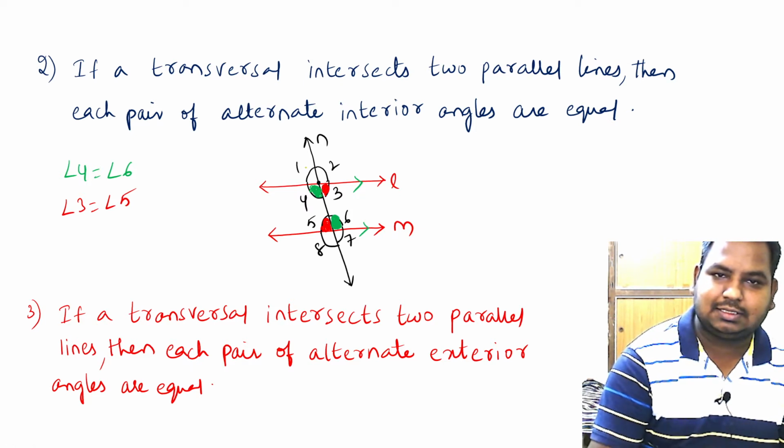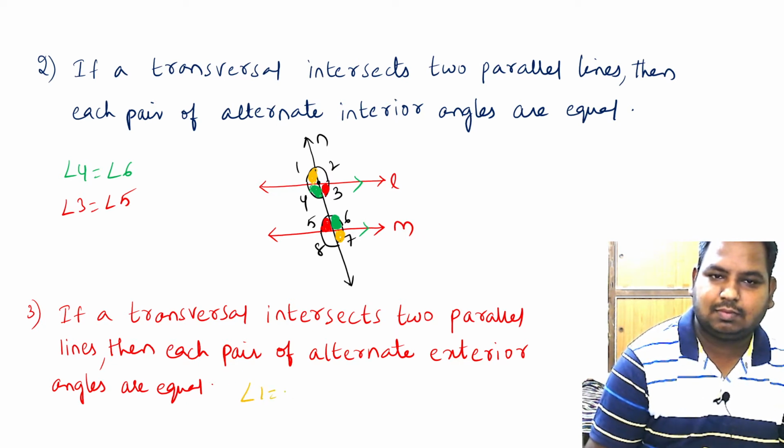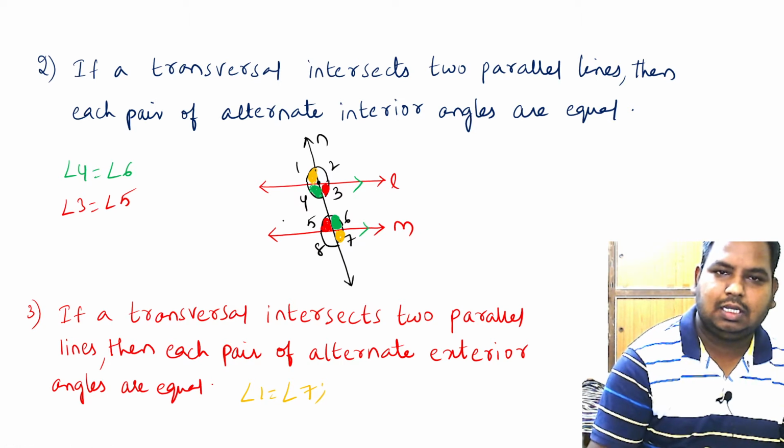So can I know what is the first pair of alternate exterior angles? The first pair is angle 1 and angle 7. So angle 1 is equal to angle 7. Next, what is the second pair? Second pair is angle 2 and angle 8.